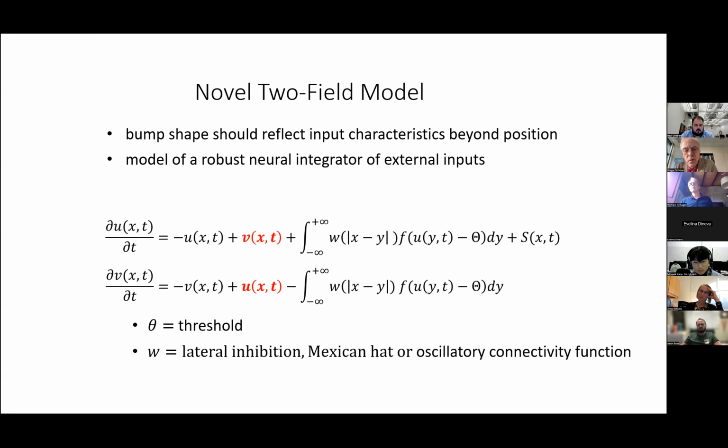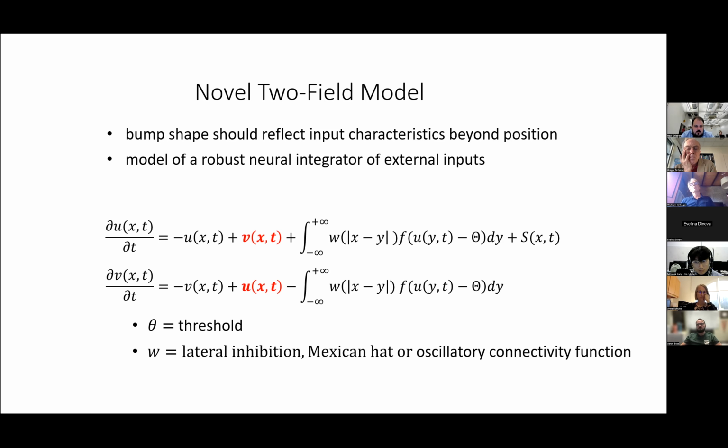Yes, there's both. But V is inhibited by U, right? No, here you integrate the U activity with the inverted Mexican hat and then feed it back to the U population, and the inverse is true. I'm just saying these are two Amari equations which are coupled linearly here.